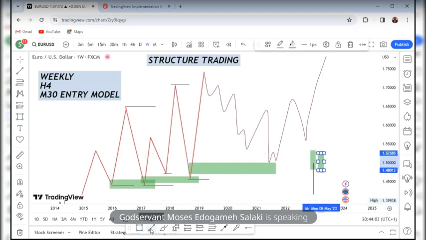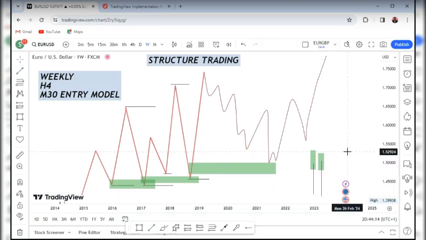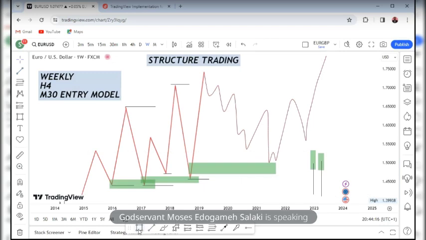And you just want to see that rejection of multiple candles, certainly not one. You want to see all that rejection happening around your zone of interest.